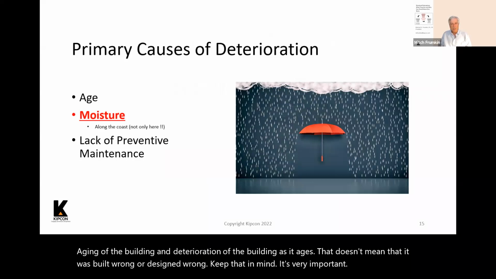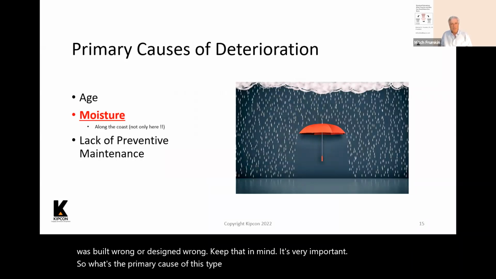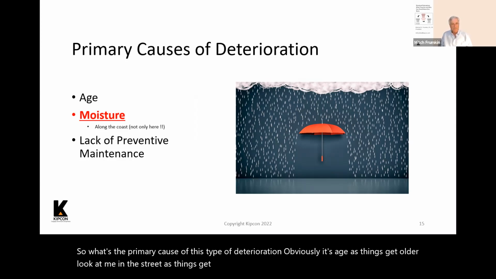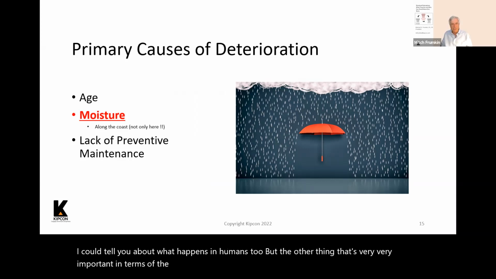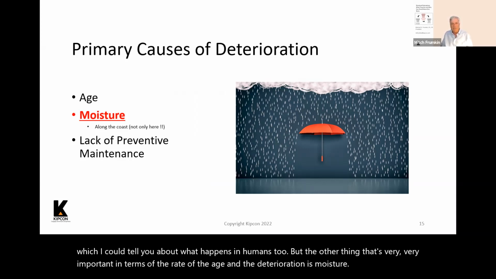So what's the primary cause of this type of deterioration? Obviously, it's age. As things get older, look at me on the screen, as things get older, they start to age and they deteriorate, which I can tell you happens in humans too. But the other thing that's very, very important in terms of the rate of the aging and the deterioration is moisture. Water makes things get worse and age faster, essentially.